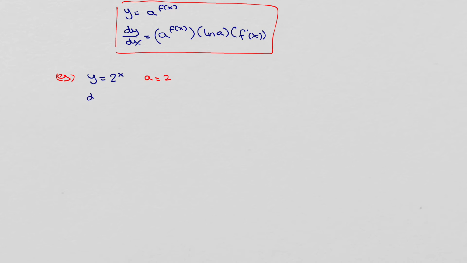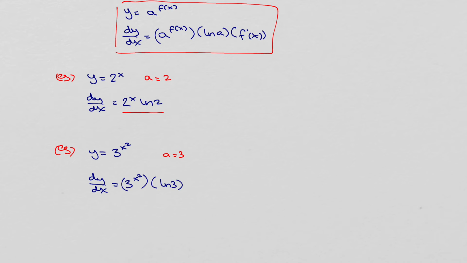Therefore the derivative is 2 to the x ln 2. And if we had y equals 3 to the power of x squared, again a here is 3. So that would become 3 to the x squared times ln 3 times x squared differentiated, which is 2x.